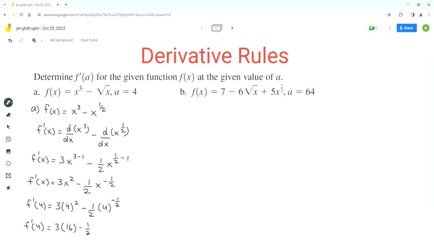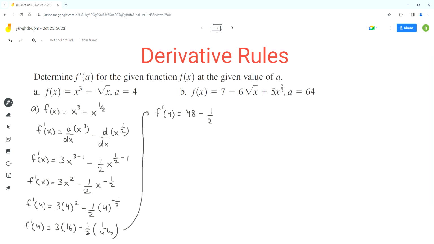So we'll move the 4 to the denominator, and that will make the exponent positive. There's a very important concept you need to understand and memorize. Now in the next step, we can multiply the terms 3 and 16. So 48, and then minus 1 over 2.